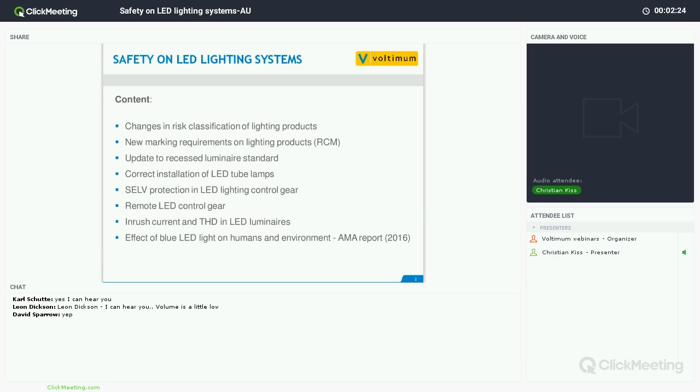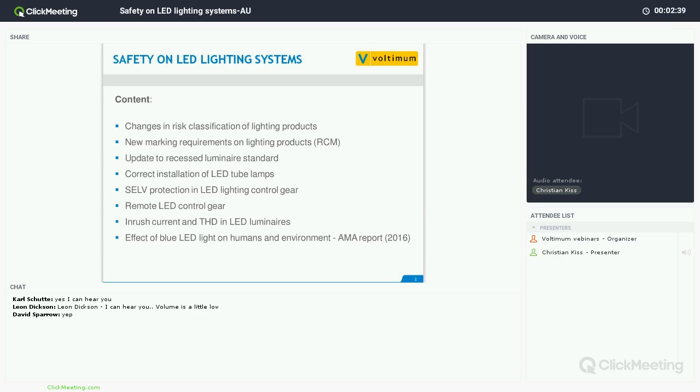Then Alfonso will take over and talk about SELV protection in LED lighting control gear, remote LED control gear, inrush current and THD in LED luminaires. And finally finish up with the effect of blue LED lighting on humans and the environment.